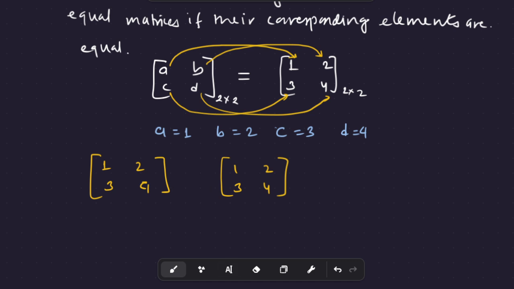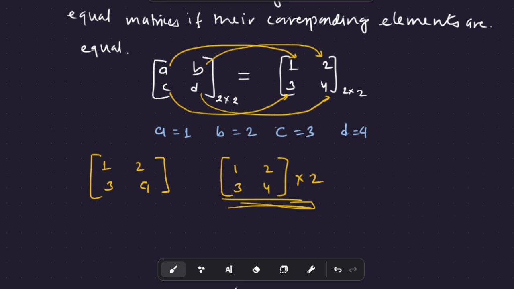Sir, in an equal matrix, can there be something like 1 times 1, 2 times 1, 3 times 1, 4 times 1, 2 by 2, and the next matrix is 1, 2, 3, and 4? Will those also be considered equal matrices? That means multiplying with one scalar, like you told, or anything between, like division, multiplication, addition, subtraction?